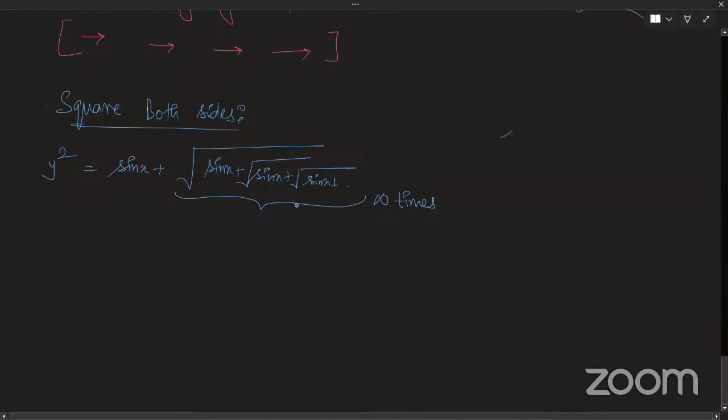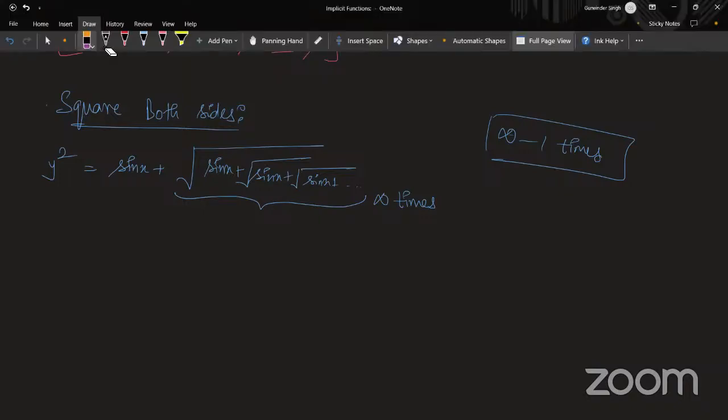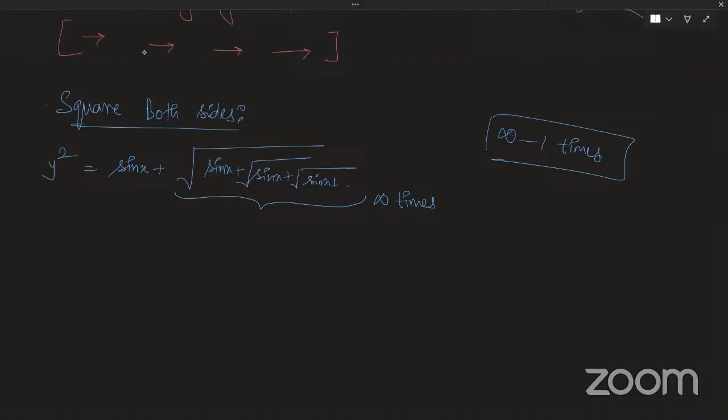Anyone who says infinite minus one times, I know many people had this doubt. While studying limits, I had told you also, right? Vignesh had raised this one time. So what is infinite minus one? Infinite. So my function remains the same.